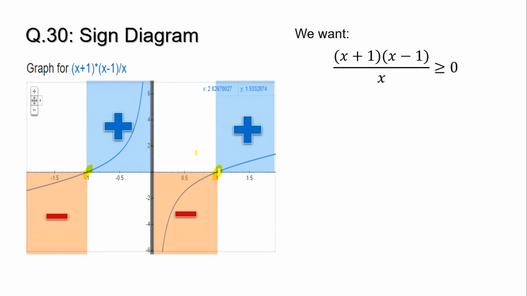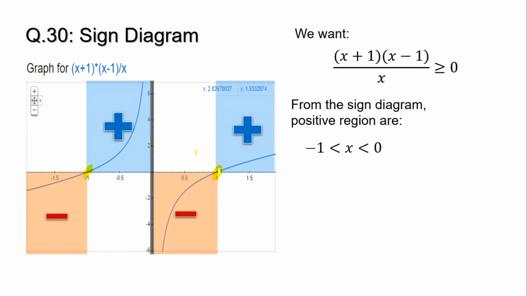According to the inequality, we want a region that is greater or equals to 0. From the sign diagram, we have two positive regions, which are x in between negative 1 and 0, the one in blue color, and x greater than 1. Don't forget the equal sign.